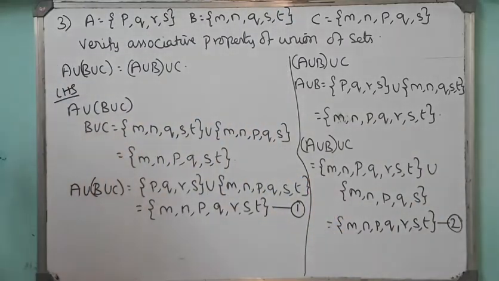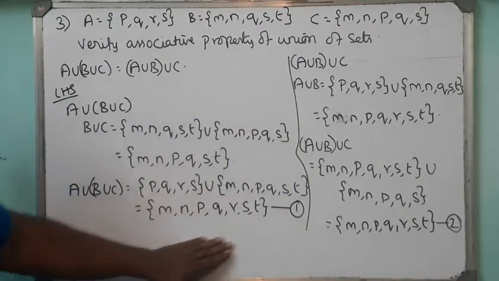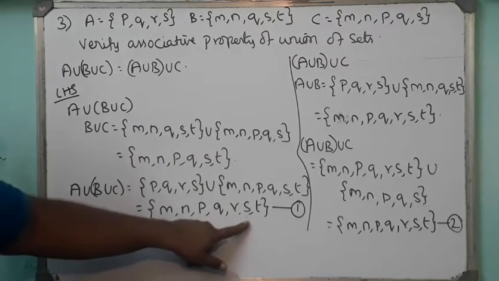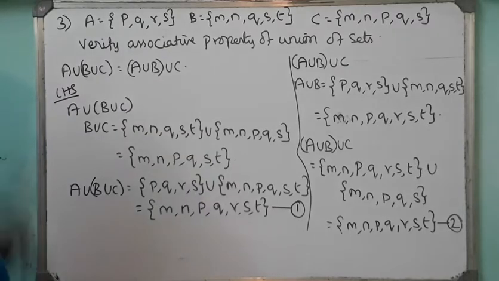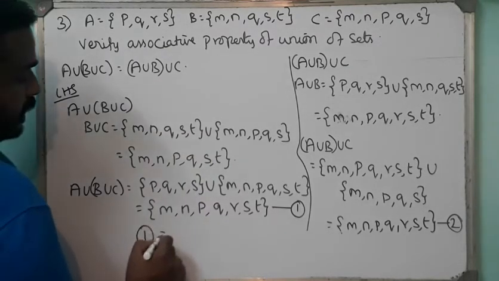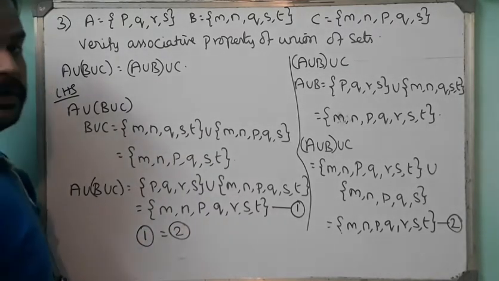Now compare this 1 and 2, whether these two are same or different. M N P Q R S T. MN, PQ, RST. So both these sets are same. Therefore 1 equal to 2.